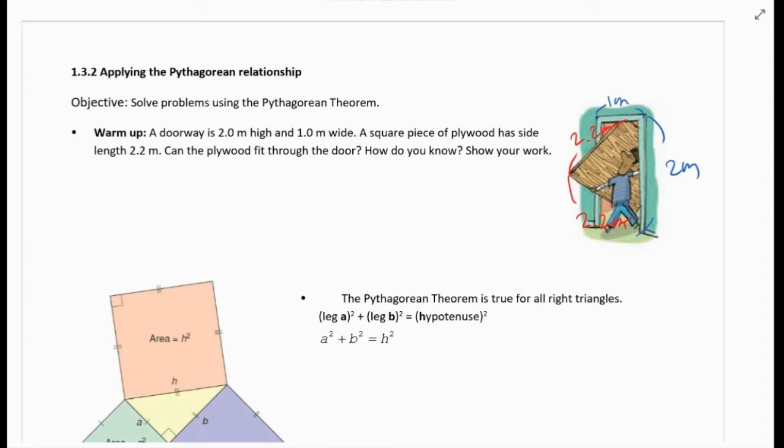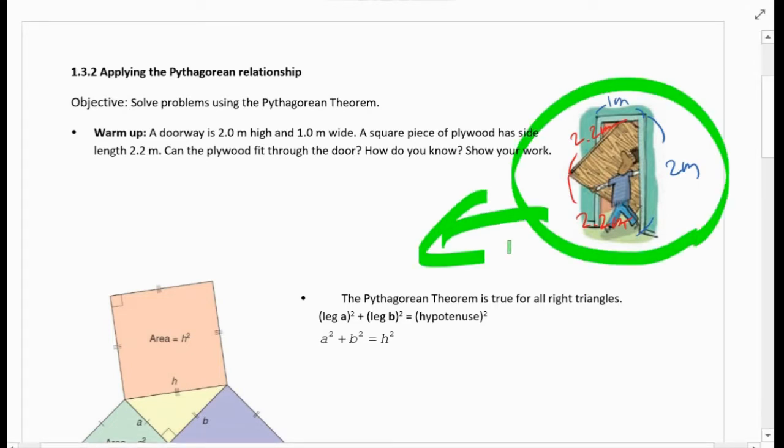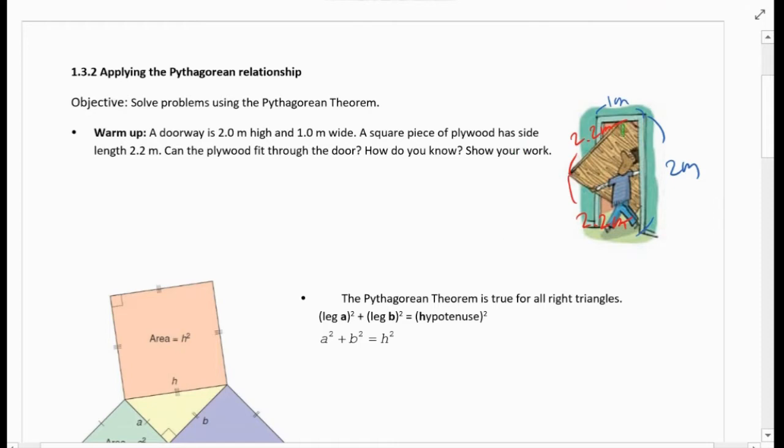Okay, everyone. What do we have to do? The side length of the plywood is greater than the height of the door. To bring this plywood into the room, we have to tilt the plywood and check if it can fit through the door, through this diagonal.